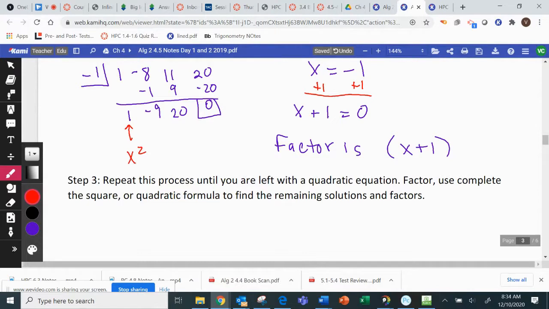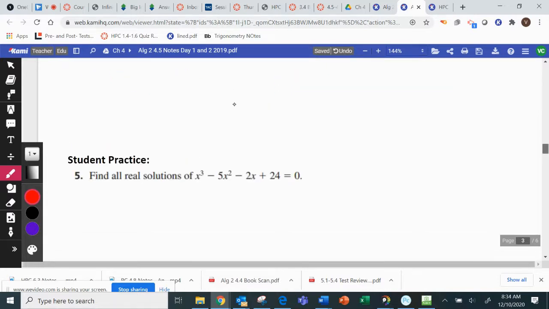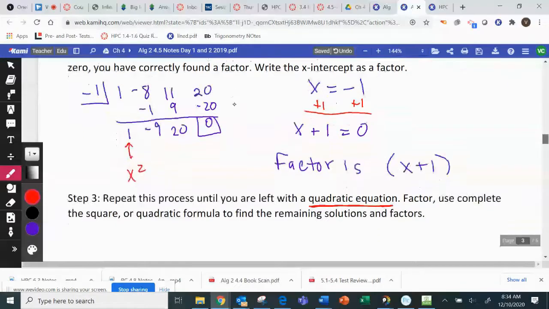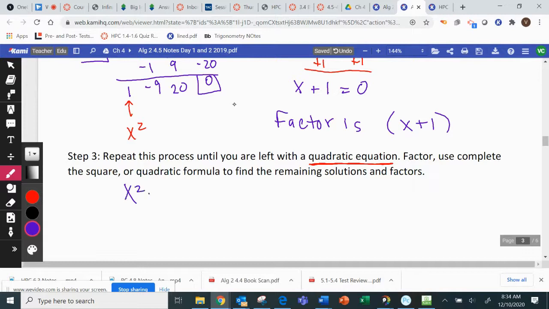So we are now left with a quadratic equation. What I'm left with is x squared minus 9x plus 20.